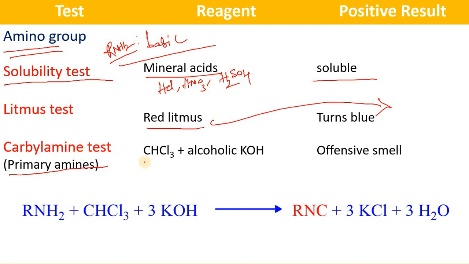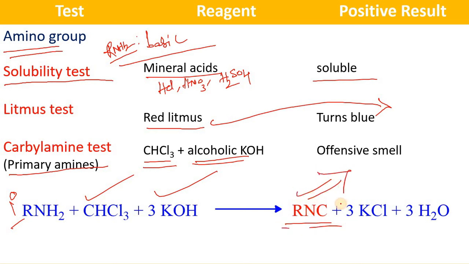The reagent is chloroform and alcoholic KOH. When you treat primary amines with chloroform in presence of potassium hydroxide, there is a formation of isocyanide. The smell is a very offensive smell, obnoxious smell. You cannot bear the smell of alkyl isocyanide or phenyl isocyanide in lab.